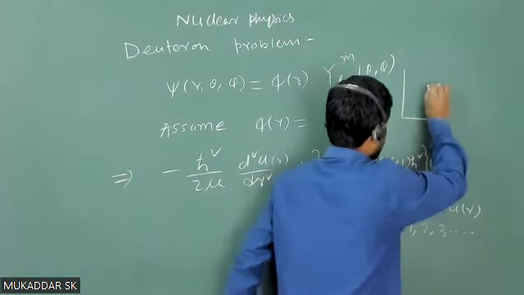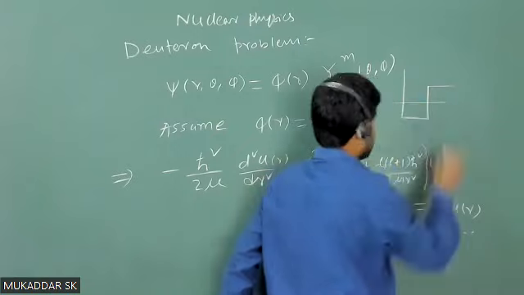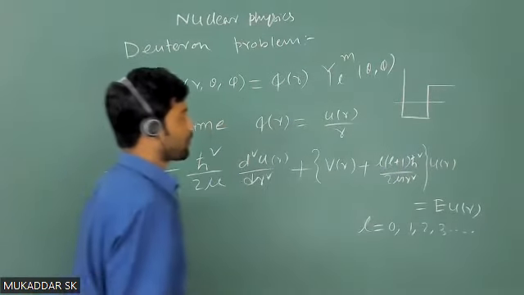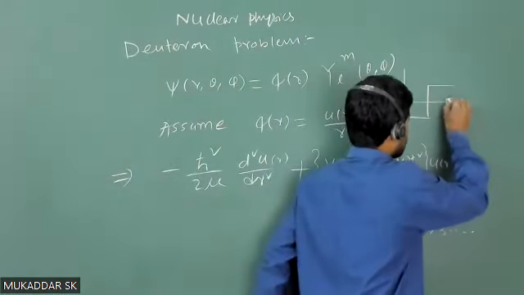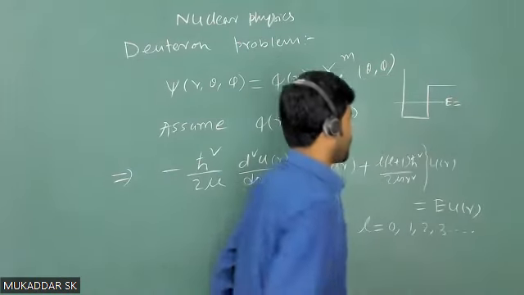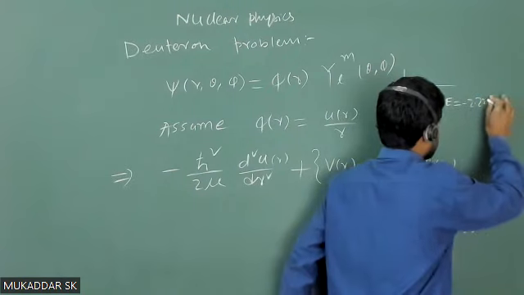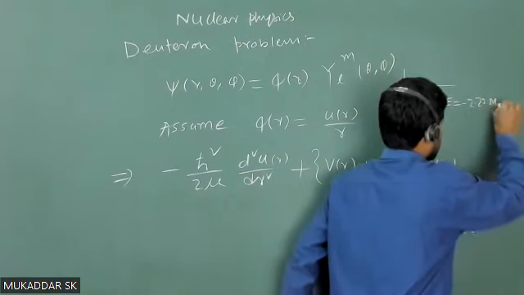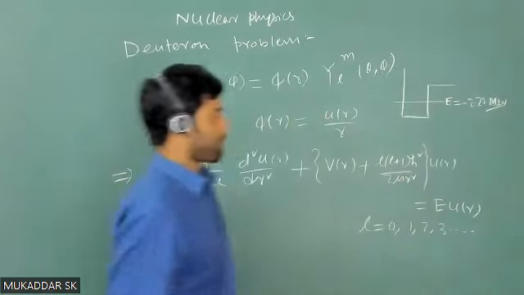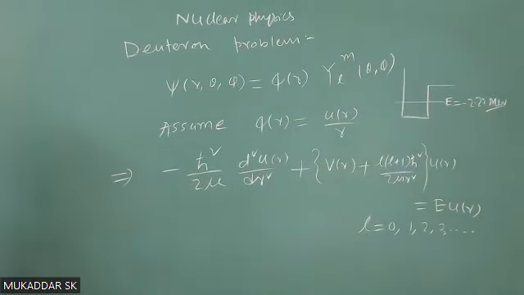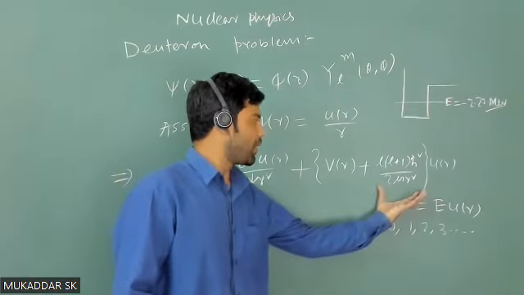In fact, there is only one state that exists in Deuteron. So this is your potential, and this will be the state that exists inside Deuteron. And this energy will be how much? That will be 2.22 MeV, right? So this term is some positive number.